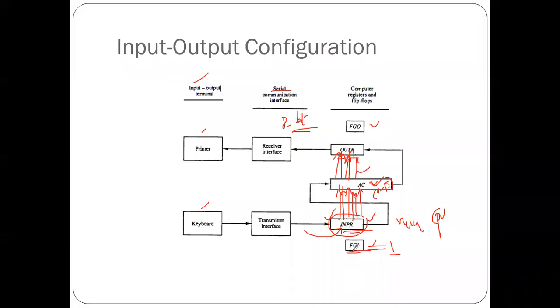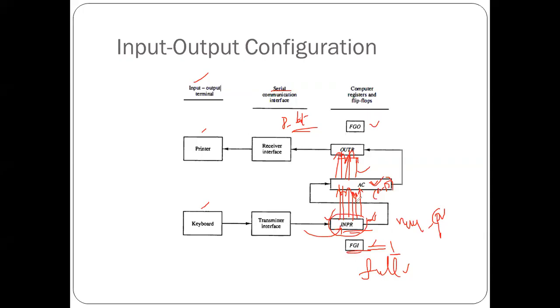It indicates to the CPU that there is a valid new key code available in the input register, or else I can say my input register is full with a valid key code, and the CPU has to read that key code.